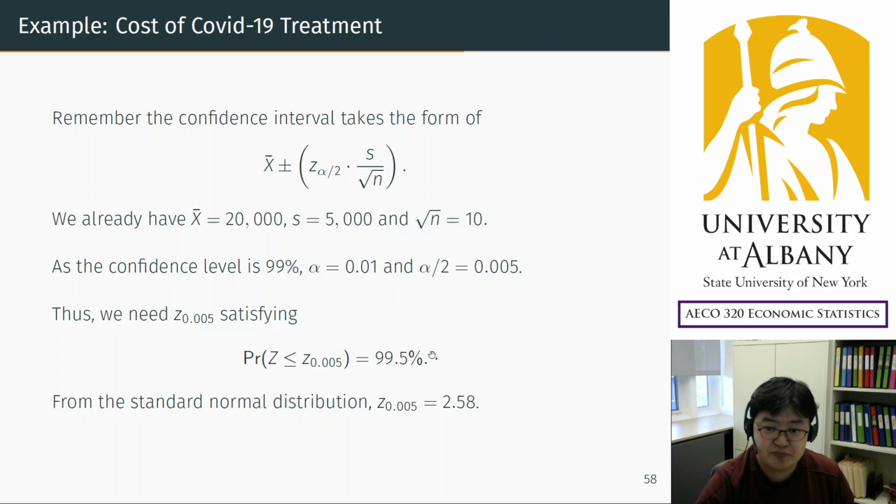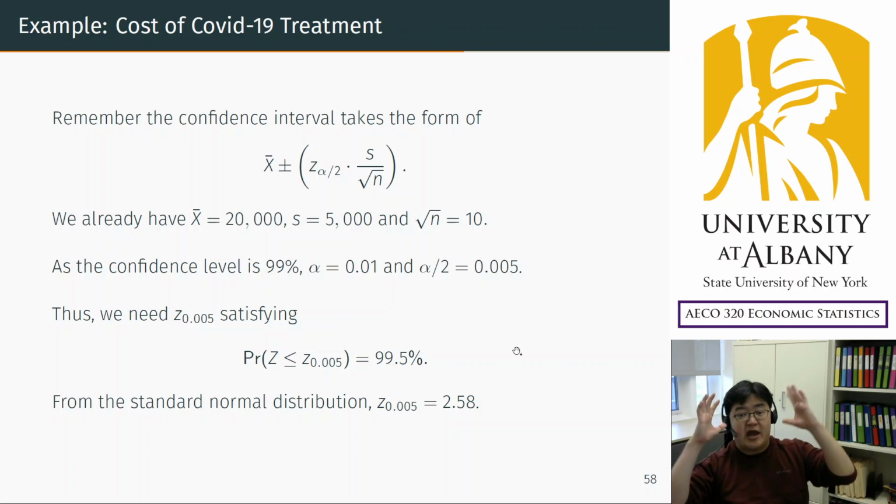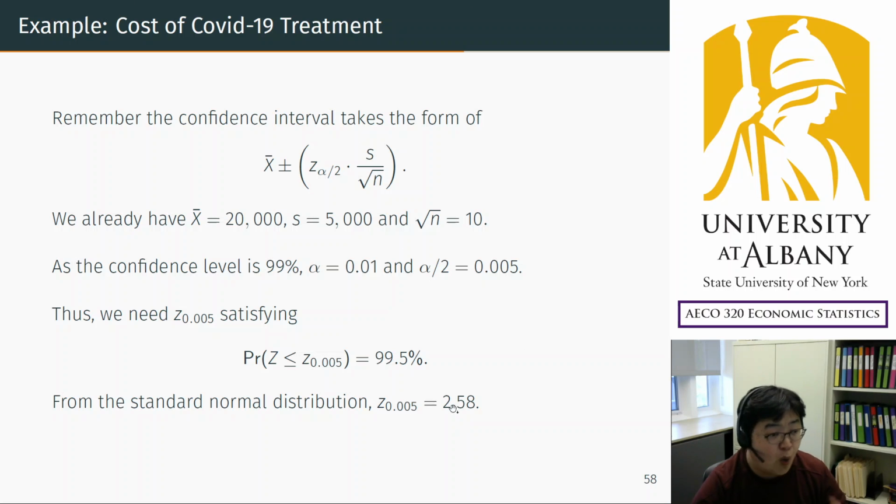You have to find 0.995 from the standard normal distribution table or calculator. If you do so, you will get 2.58. So plus minus 2.58 on the standard normal distribution contains 99%, right? That's how we find this number.